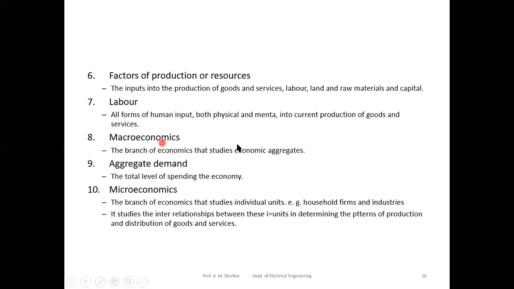Macro is the study of economic aggregates on a larger scale, but microeconomics is about the study of individual economic activities. Individual may mean the unit of one person or a group of persons, the household, the firm, or the larger industry.